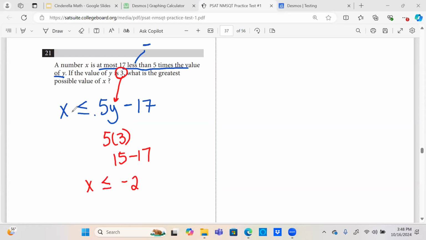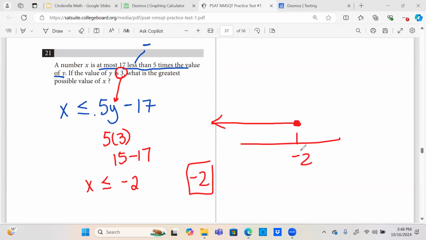So what is the greatest value of x? Negative 2. Because if you think of it on a number line, it could be negative 2 or under. So negative 2 is the absolute greatest it could be. That's a little tricky. You have to know that at most really means it's under. Like if your mom says, at most, you can eat 3 cookies.